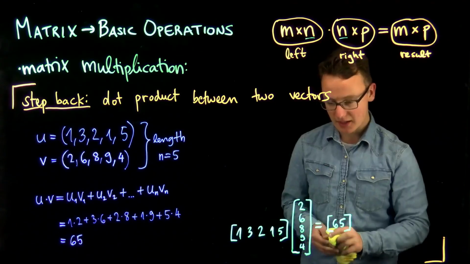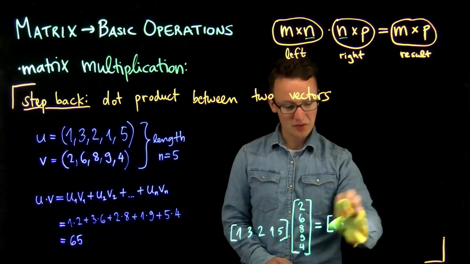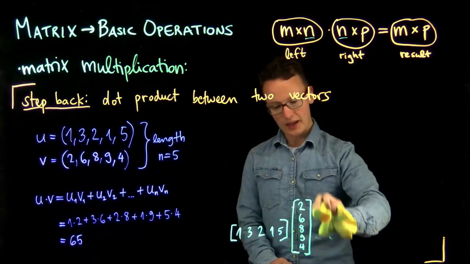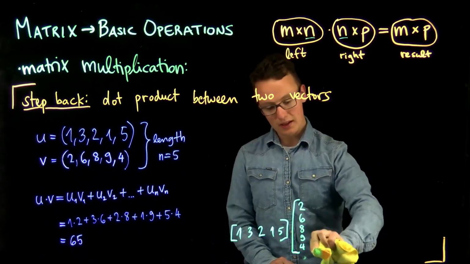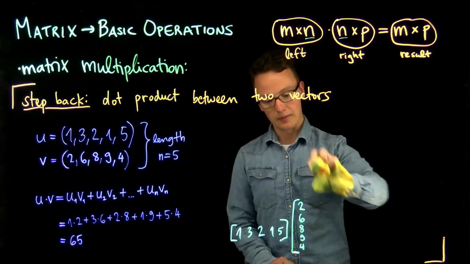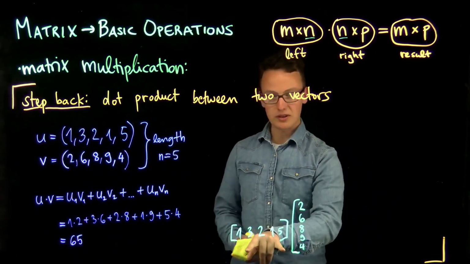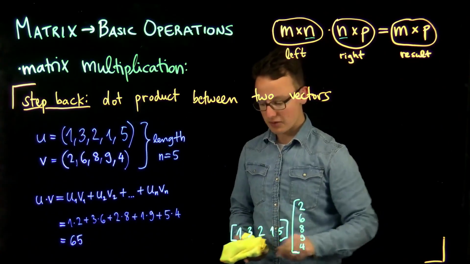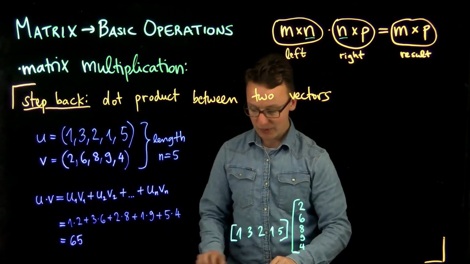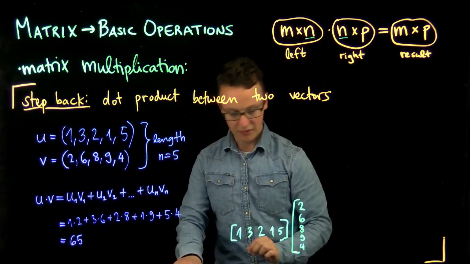But now let's do a small modification here. So I'm going to delete this result again. And now let's say we are interested in multiplying this matrix, which, as we said, is a 1 by 5 matrix, with the following matrix, where here it comes.